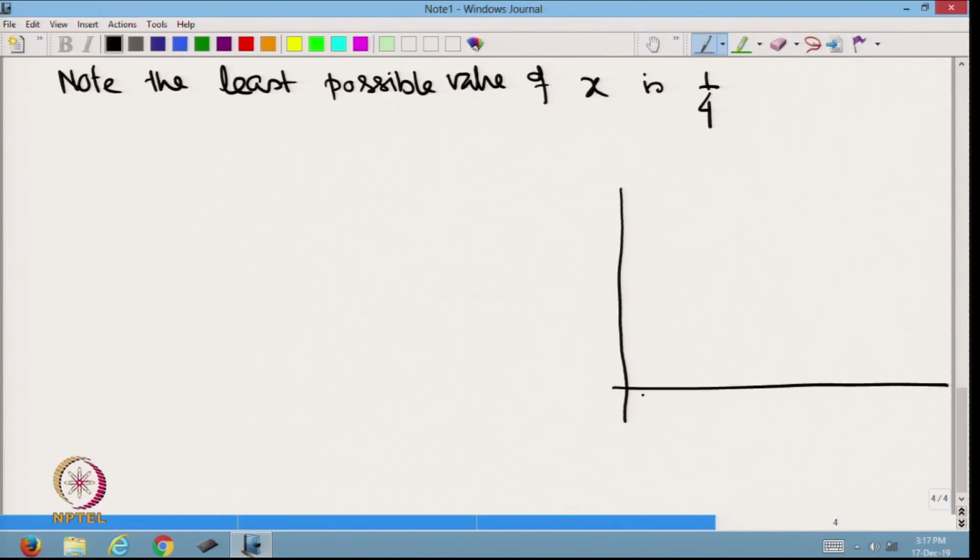So, let us call it 0, half, 1, and this is 1 by 4 and this is 3 by 4. Therefore, the possible values for x are between 1 by 4 to half.